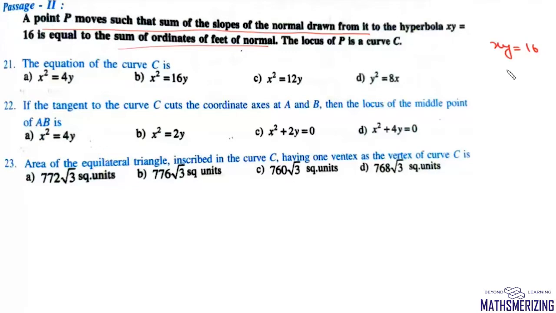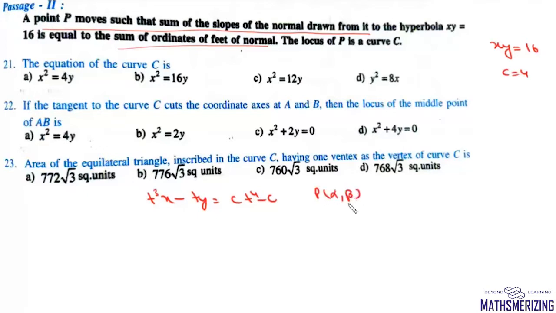Now we know that for this hyperbola value of c is simply 4. We can write equation of normal as t cube x minus ty equals c t to the power 4 minus c. Now this normal will pass through this point P whose coordinate is suppose alpha comma beta.